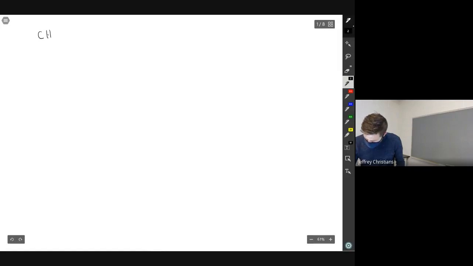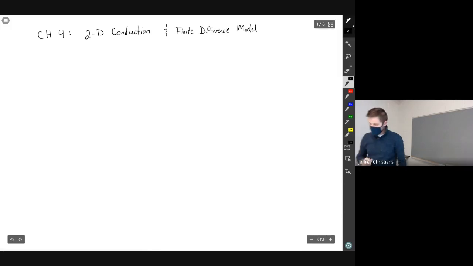This is chapter 4, 2D conduction, and we call the finite difference model.